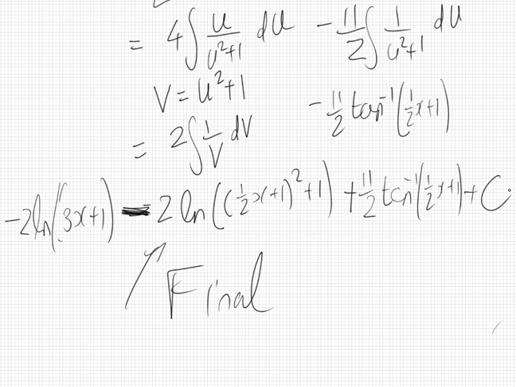Question, Andy? You have a u here, how to make it? V equals u squared plus 1. I promise you will simplify. Try it. Just do it. Just let me start.